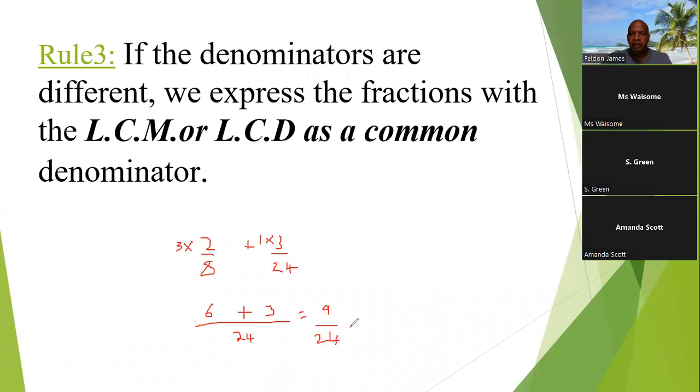Now, generally, when we write our answer, we always try to express our answer in the lowest form, right? So what's the lowest term for 9/24? What would be the lowest form? Can we cancel 9/24? Yes, sir. 3/8. And so we use 3 to cancel.